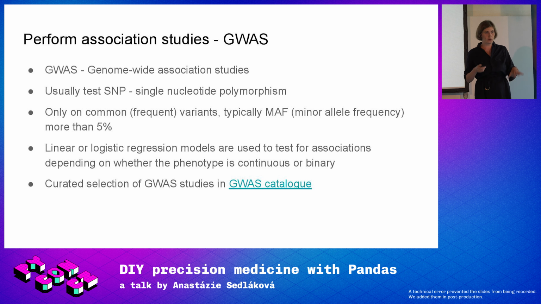So you have your cohort, now it's time to do some association studies. So I already showed you this abbreviation, and you will see it often in genomics. It's called Genome-wide association studies. So genome-wide means that you are looking at the whole genome, you are looking through the whole DNA of people.